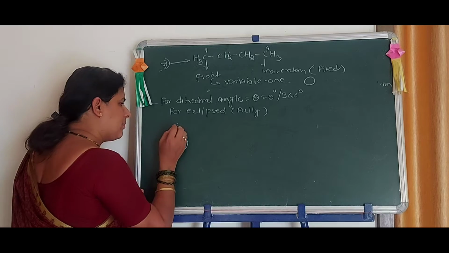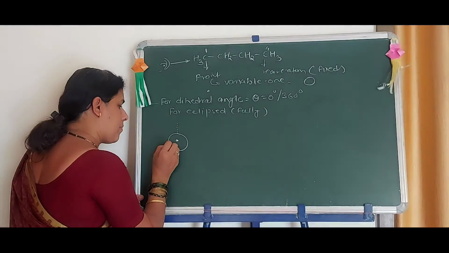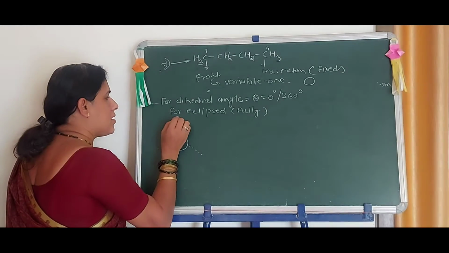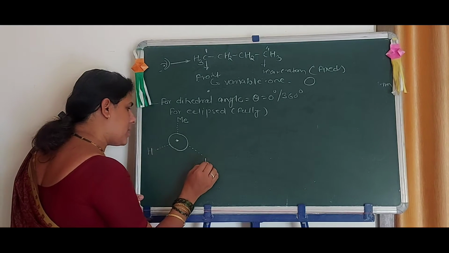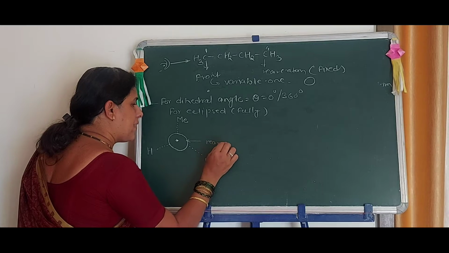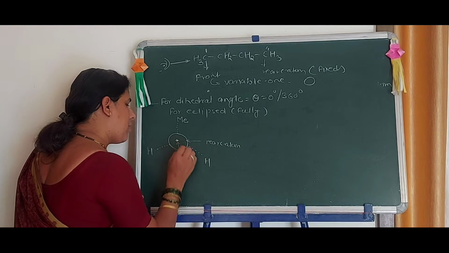Okay, this is the methyl group. This is a hydrogen. This is a hydrogen. This is the rear carbon atom, and this is the front carbon atom.